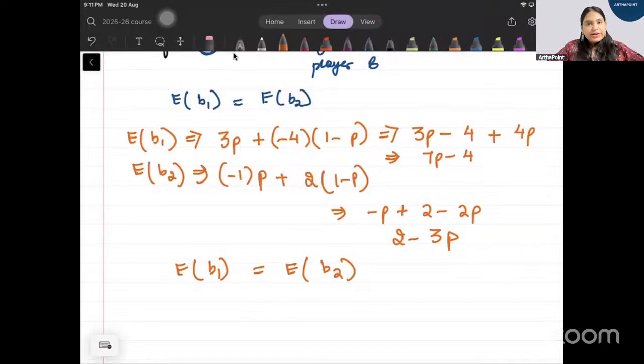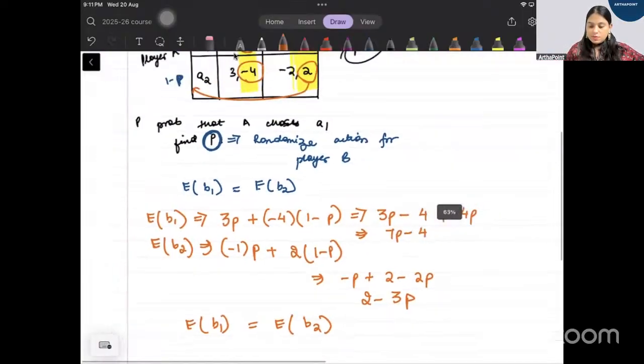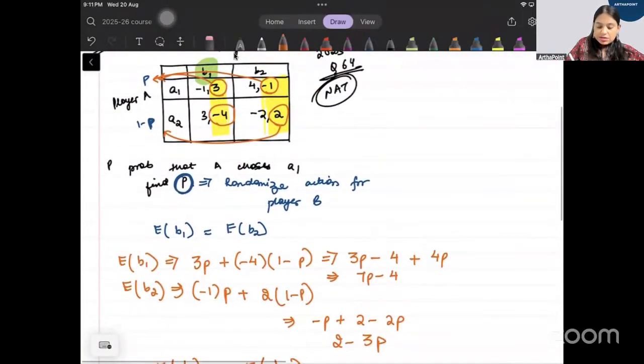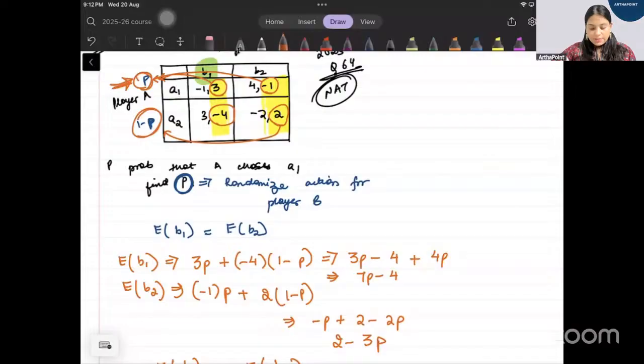How come everyone is getting a different answer? We are solving for P. We want the value of P. To find the probability of player A, you randomize the payoff of the other player.